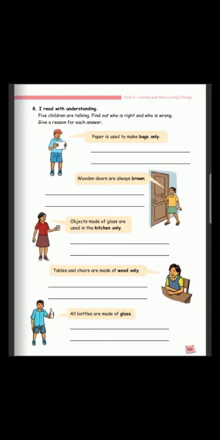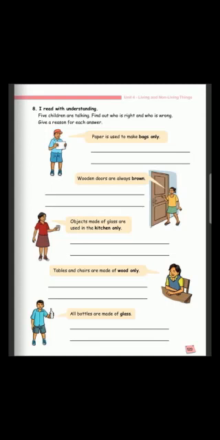Because we use paper to make so many other things, such as newspapers, magazines, books, copybooks. And what else do we make with paper? We have notebooks, diaries, and so on. So, it is wrong. Paper is used to make so many other things.